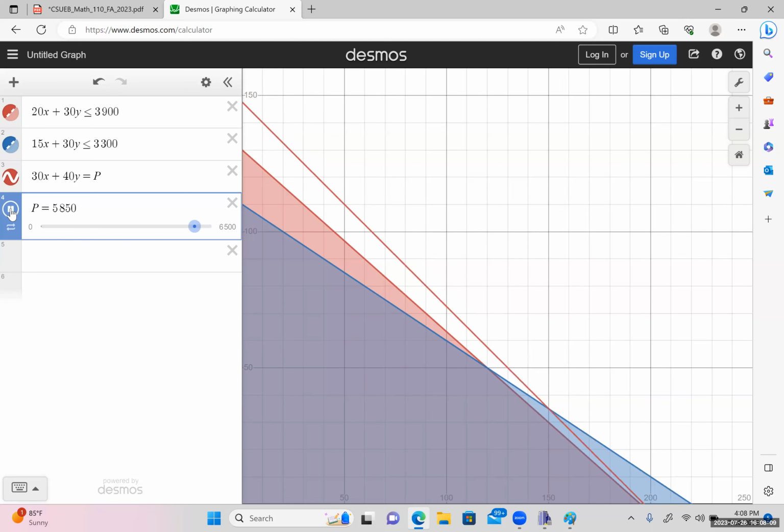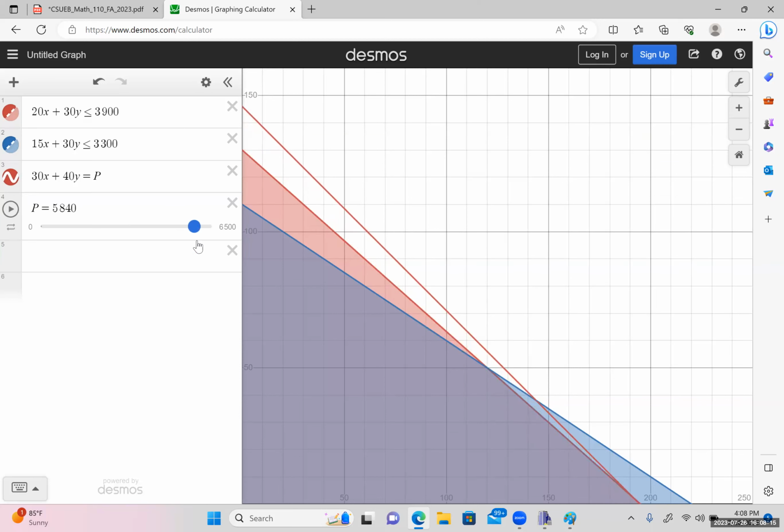For example, if I move this over here, the rest is outside, but there is a point here that touches my purple area. So I can have the profit be 5,840 over here.